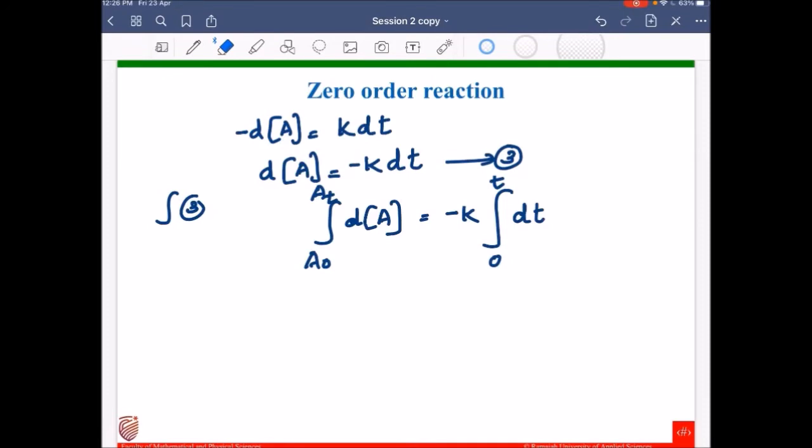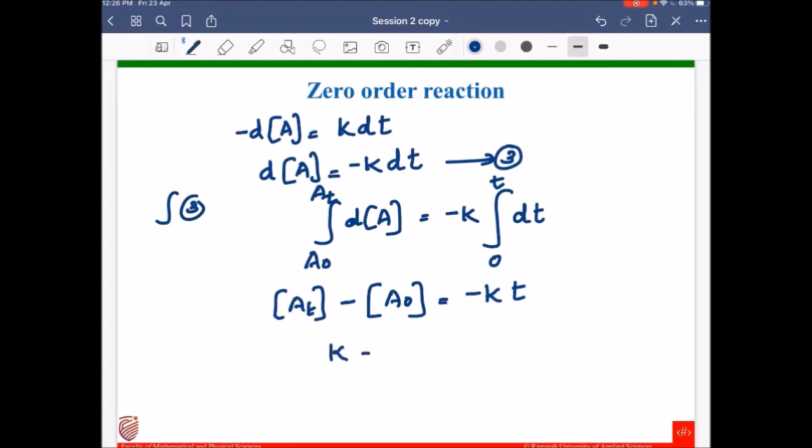Once we integrate this equation, we will get an equation like this: concentration of A at time t minus initial concentration equal to minus k into t.